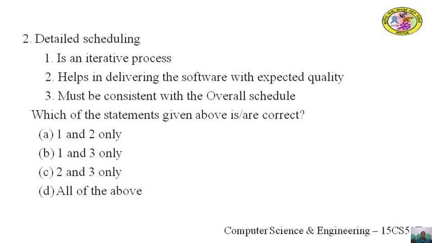Your options are option A, 1 and 2 only, option B, 1 and 3 only, option C, 2 and 3 only, option D, all of the above. What is the correct answer for this question?